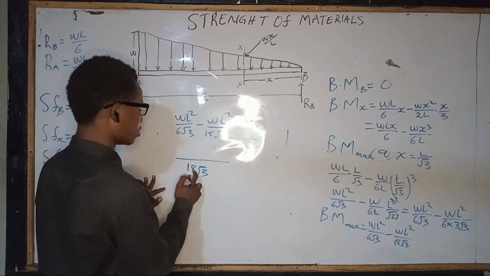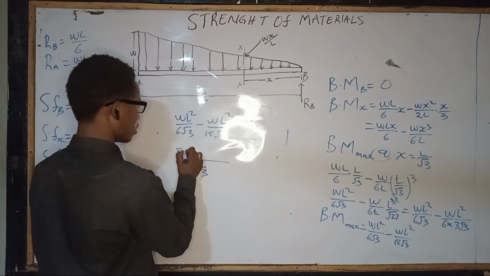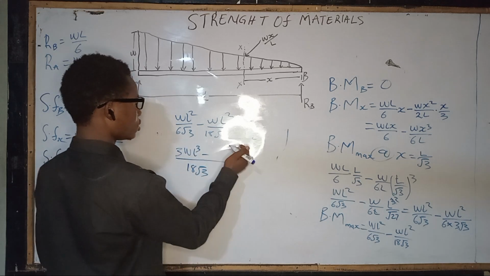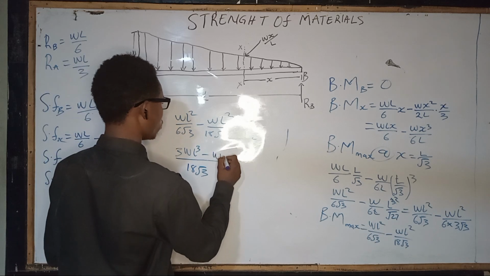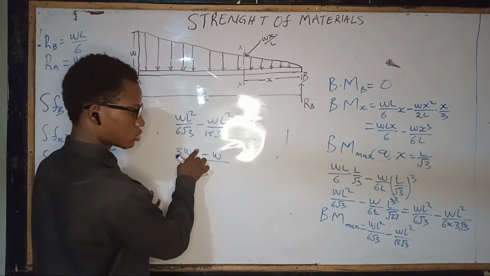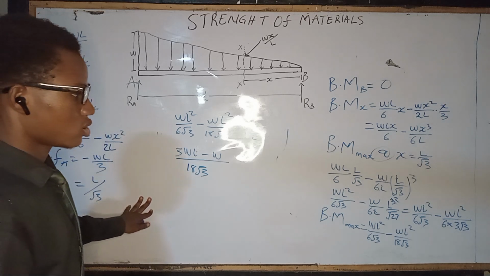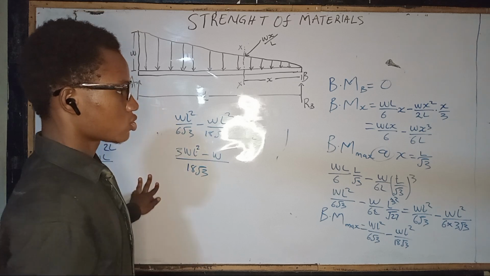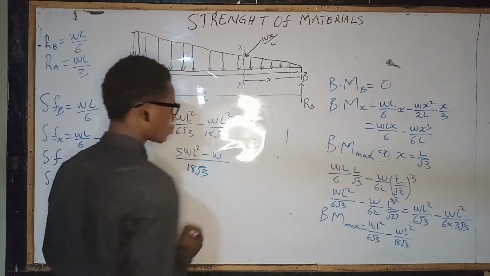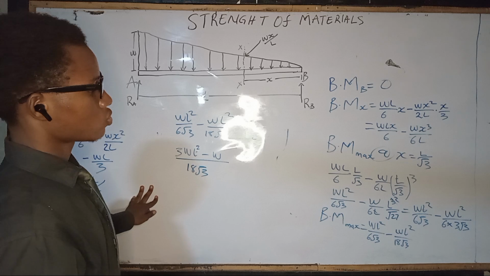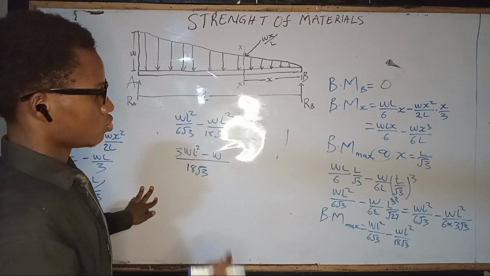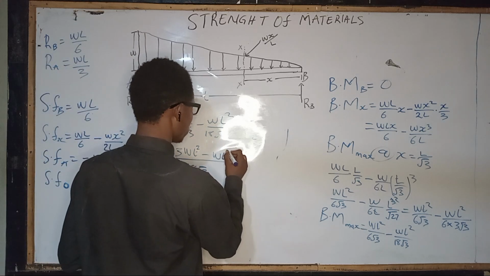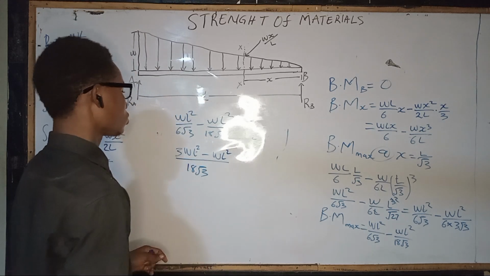it will be 3. So we have 3 times WL cube minus a single 3 in this, that is 1, that is this WL, is it cube or square? It is WL square minus, here we have WX square, minus WL square over 18 root 3.